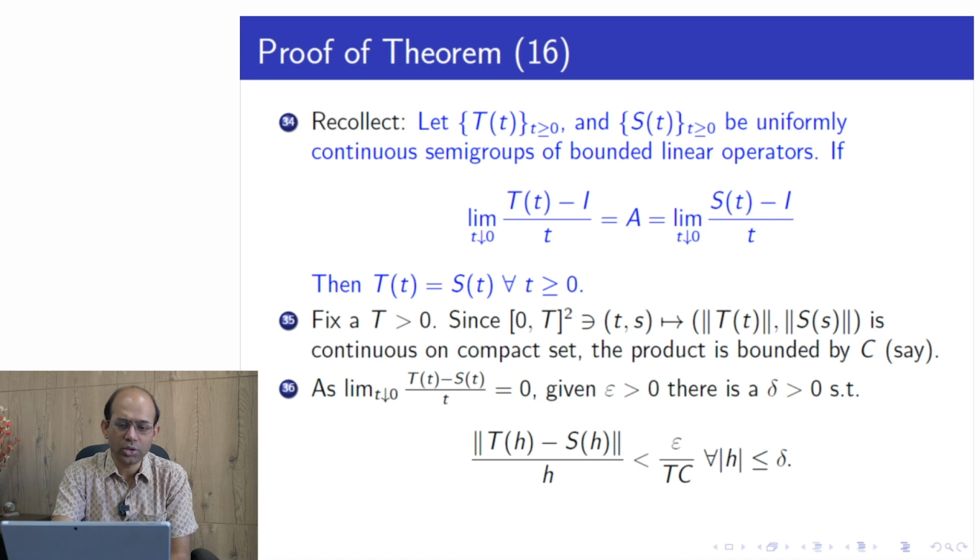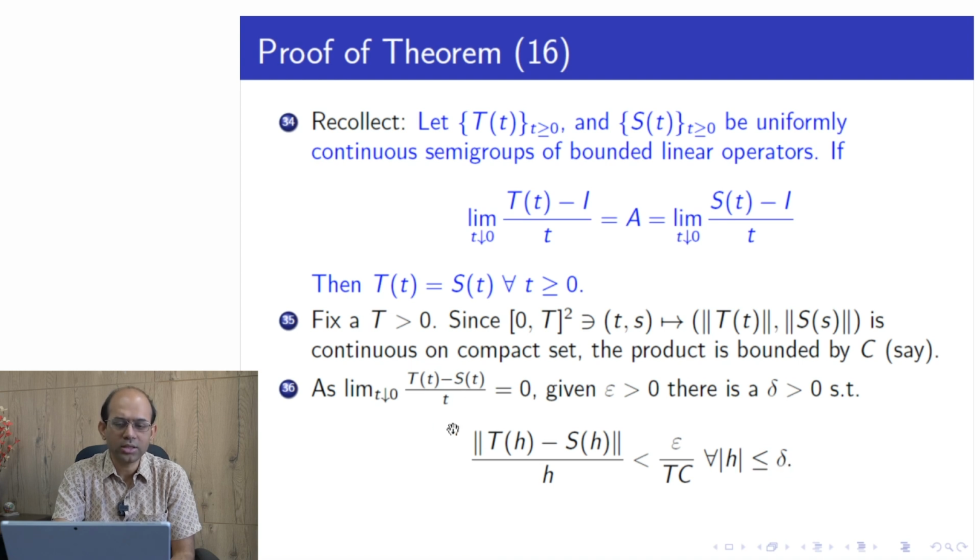From this we can rewrite this limit statement in terms of the epsilon-delta definition. Given epsilon positive, there exists a delta positive such that the norm of (T(h) minus S(h)) divided by h is less than epsilon by TC, for all mod h less than or equal to delta.